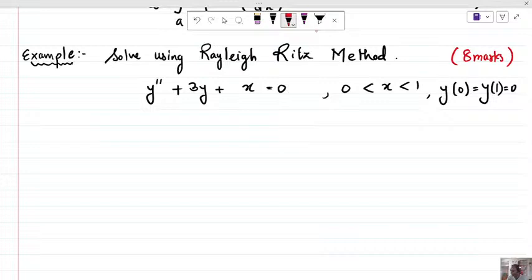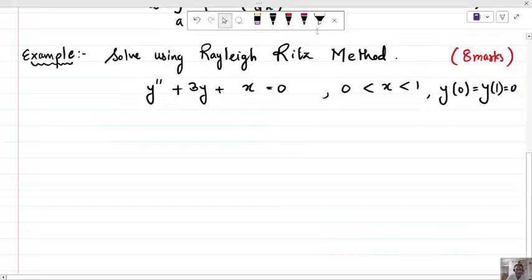So how to convert it, let us see. Now there are various approaches. As we now know, the Rayleigh Ritz method is a method in which you are finding an approximate solution. It is not the exact solution that you go for. So let us see how to handle it here.